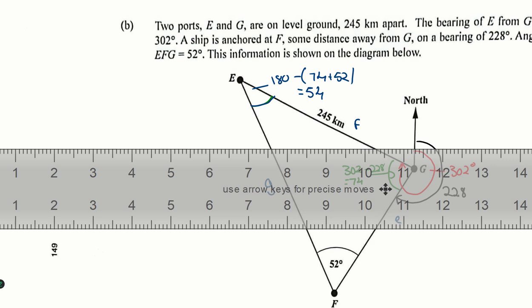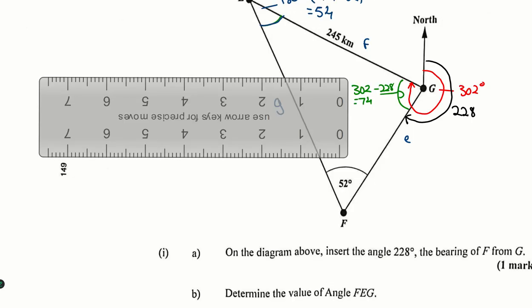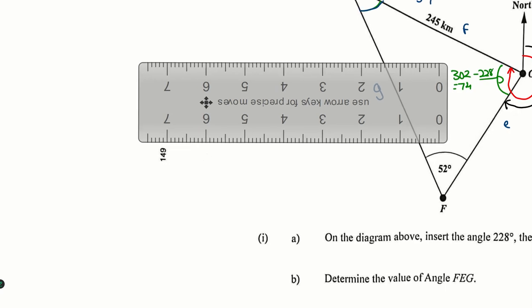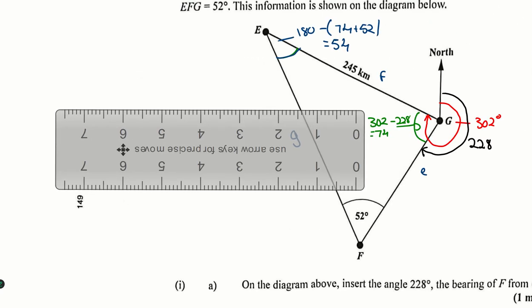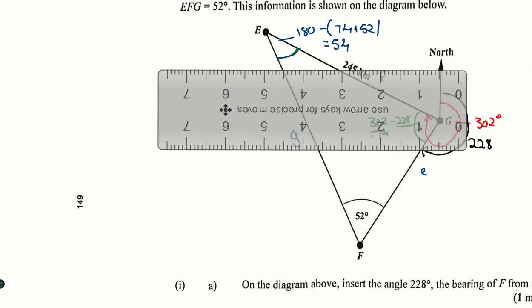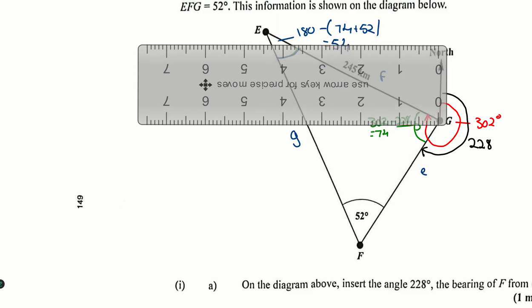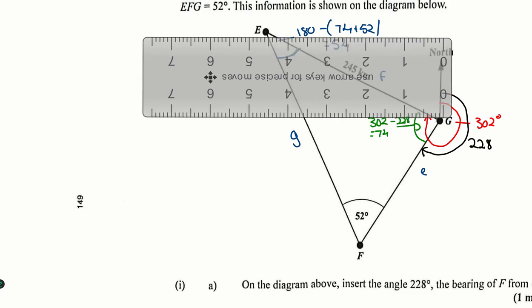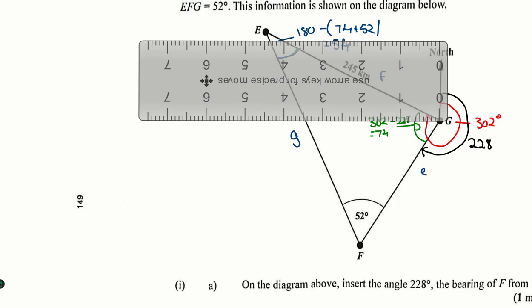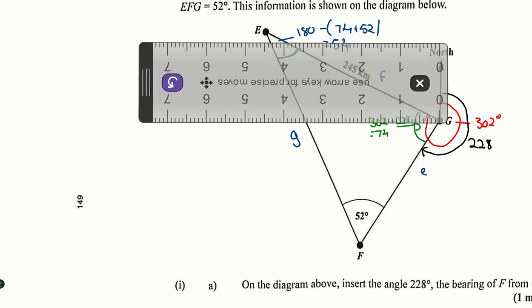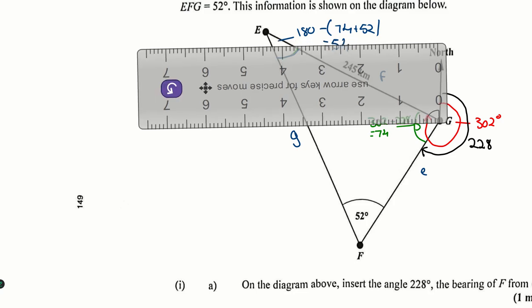So we want to know the shortest distance from G, so you're going to use your ruler from G to EF. If we look at this here, from here to there is 3.5, so let's rotate it along.